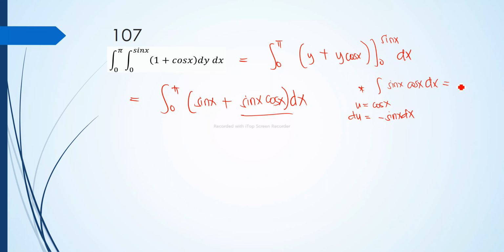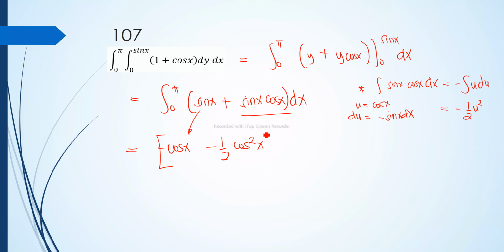So we'll have a negative integral of u du, or negative 1 half u squared. If we continue with that, we have negative cosine x, the integral of sine x, minus 1 half cosine squared x.